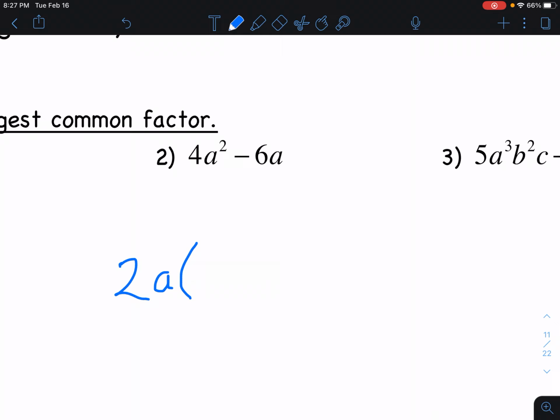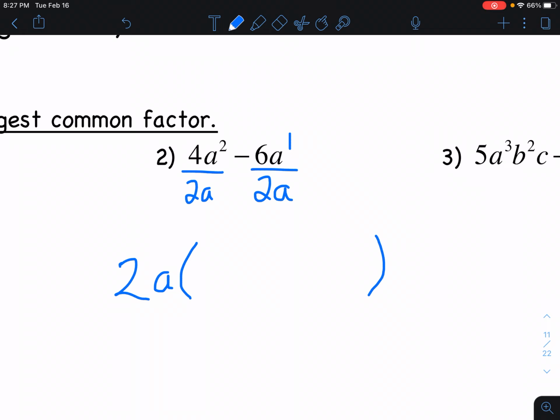Notice I put a, not a to the second power. Remember, the rule for exponents is you choose the smallest exponent, which would be the invisible 1 here. So, followed by one set of parentheses, we're going to divide by 2a. Remember, factoring out a GCF is just dividing into smaller parts.